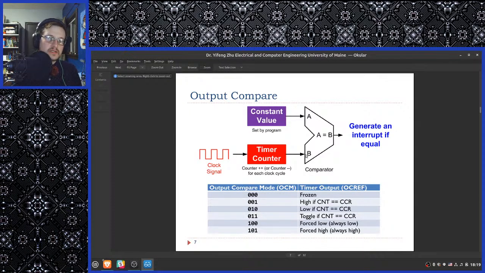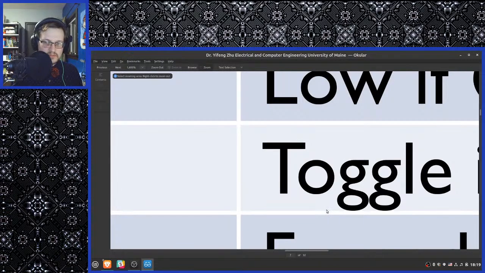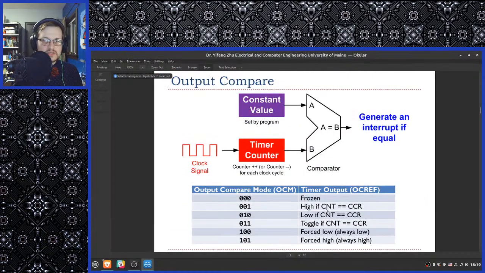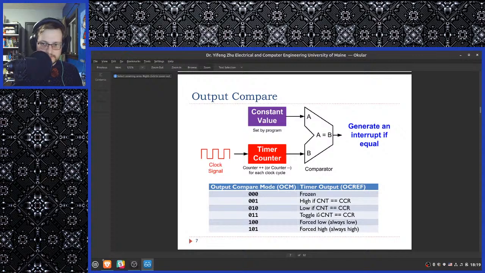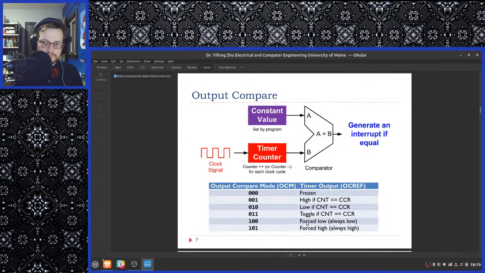You can configure it high if the counter is equal to CCR, low if the counter is equal to CCR, so you can set it like active high, active low. You can also toggle if the count is equal to CCR, which gets us into pulse width modulation territory.